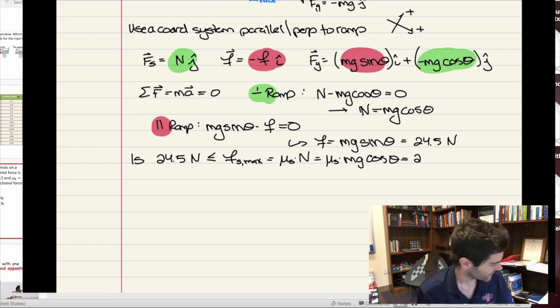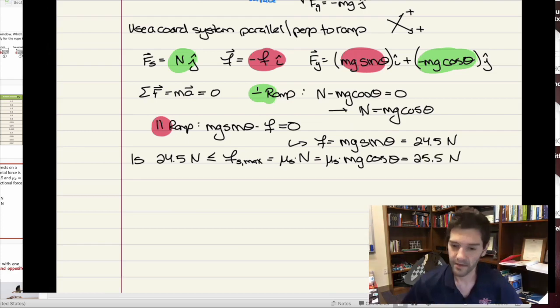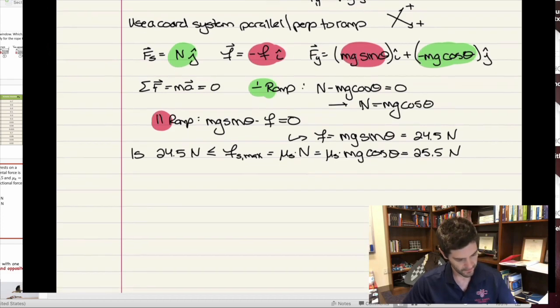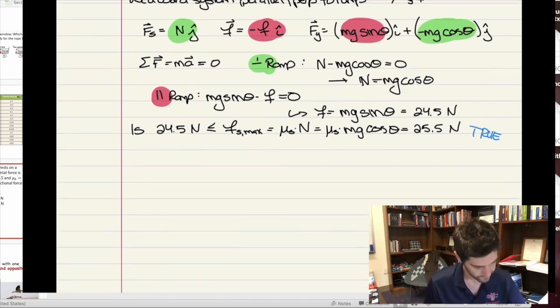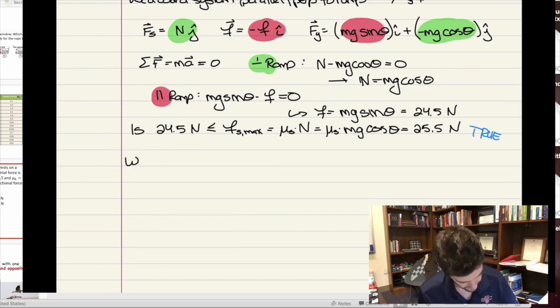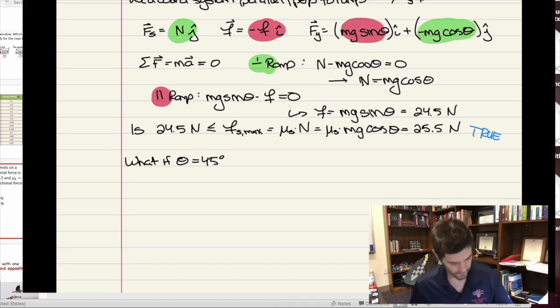We could plug all these numbers in again and get that the answer is 25 and a half. I would say that's true. So in this case, I would say the box does not move, and therefore the acceleration is 0.